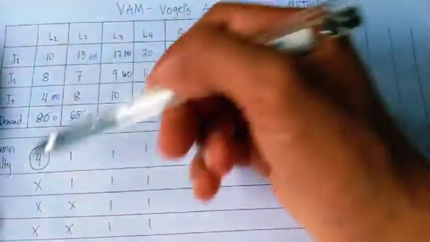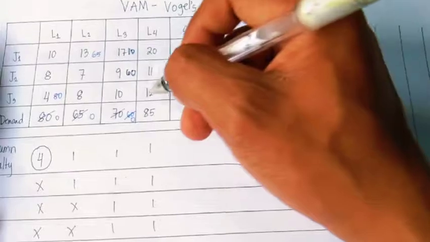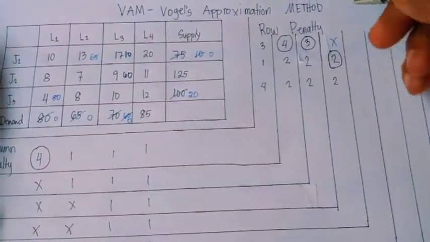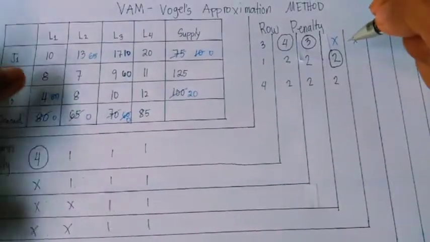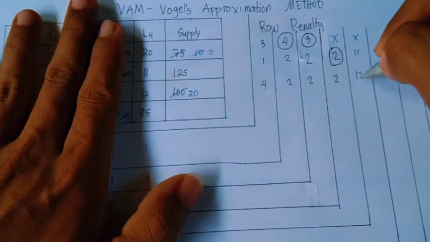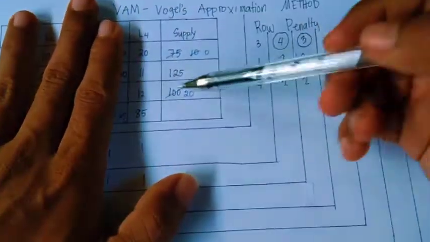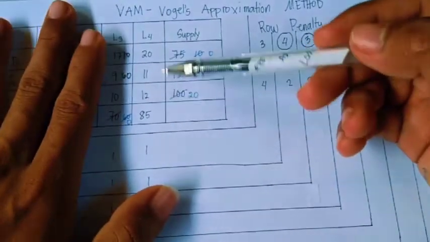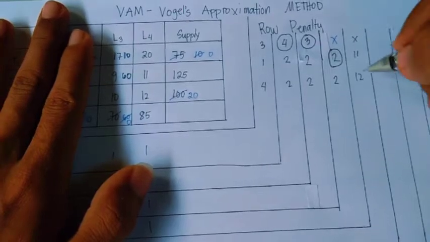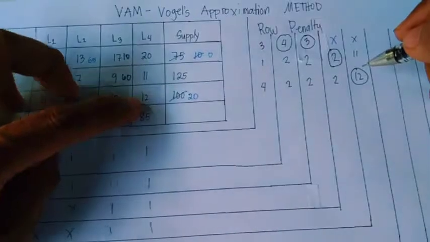Since this row is satisfied, repeat the same process. 1, and then 11, and then 12. Why 11 and 12? Because we cannot subtract any more values, since 11 and 12 are the only values left. So the greatest value is 12, so we will start at 12.